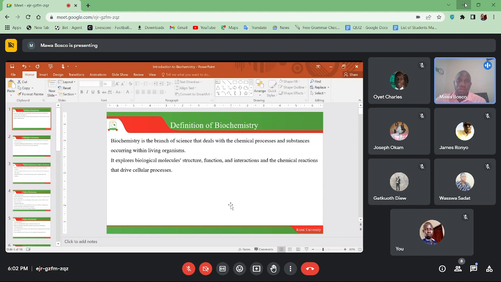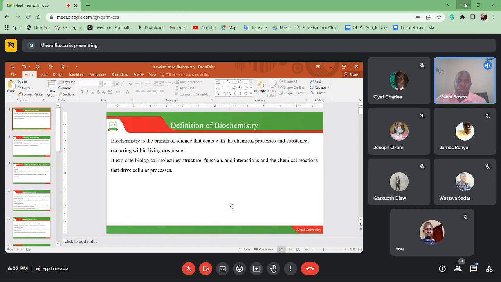So we also have hydrogen bonds in protein, and hydrogen bonds in nucleic acids, which is the DNA. So hydrogen bonds are very important. They form as a result of attraction between those molecules, and this comes as a result of the difference in electronegativity.